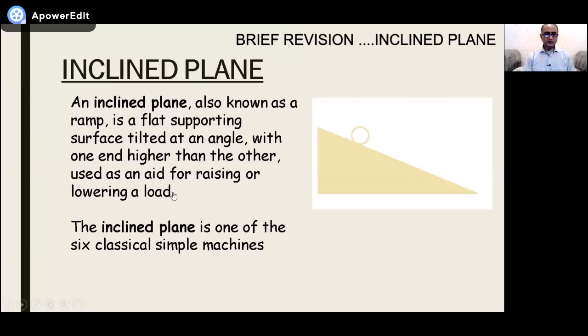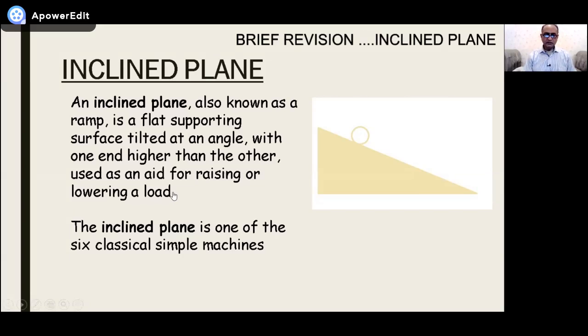It is also known as a ramp. It's a flat supporting surface tilted at an angle, with one end higher than the other, and it is used to transfer heavy objects from the lower part to the higher part.